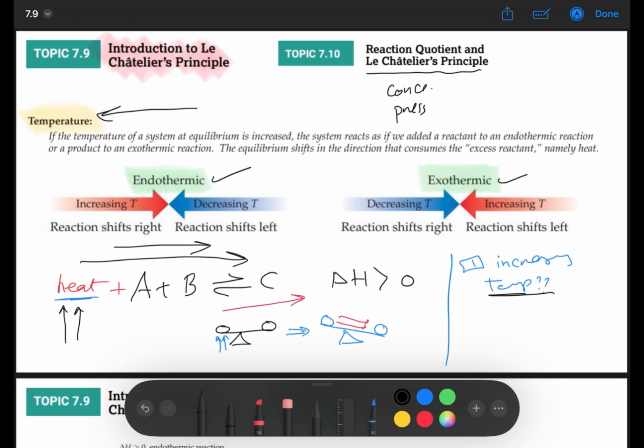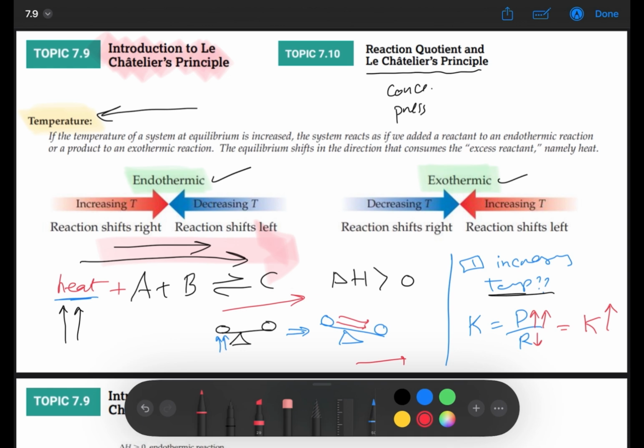Since the reaction is shifting to form more products, what will happen to the value of K, or Kc or Kp? Since Kc or Kp is a ratio of products over reactants, and we have an increase in the products, the K value will increase. By the way, shifting to the product also means a decrease in the reactant.